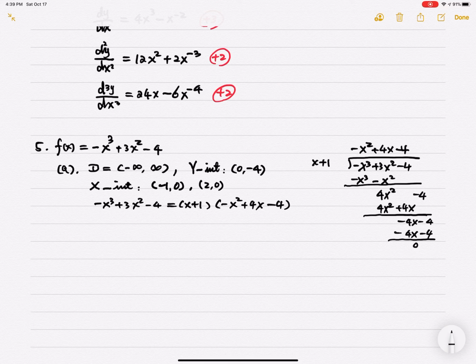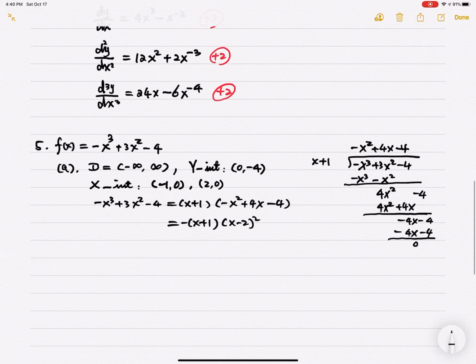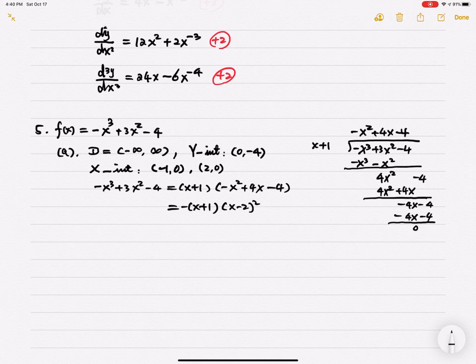Now, this one, if you put a negative sign, this is a perfect square. That's equal to x minus 2, parentheses squared. Okay? So those parts, you can do on scratch paper. You don't have to write all this. We just need to know what the x-intercepts are. Okay, so that's part A.